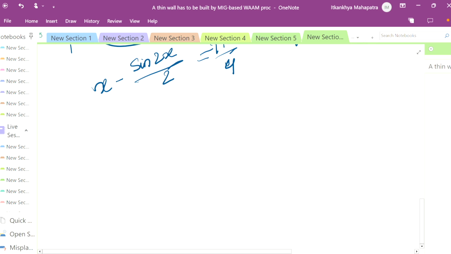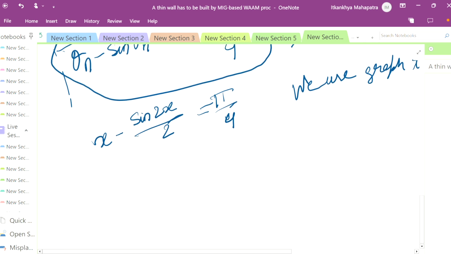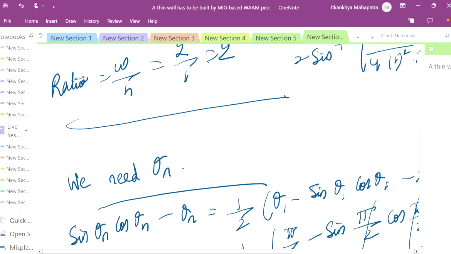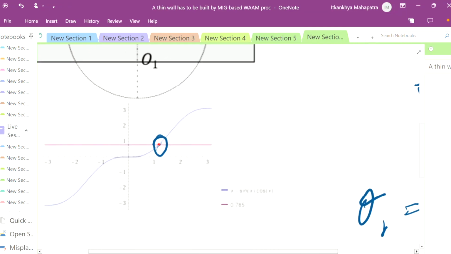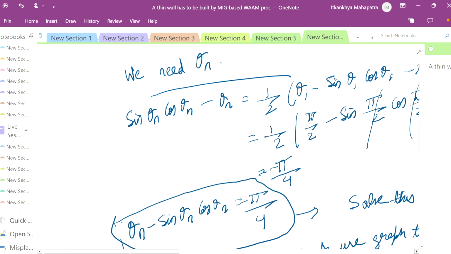Now x minus sine 2x by 2 is equal to pi by 4. For x at 0.785, we get the value 1.16.